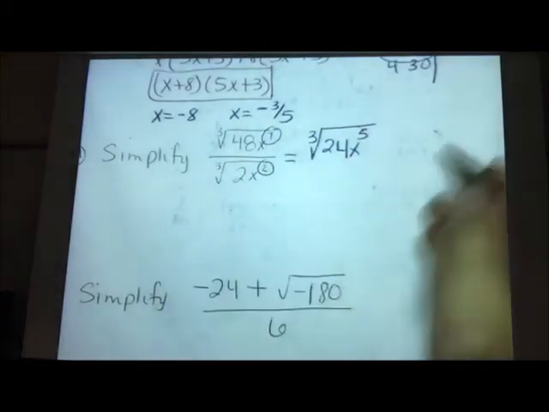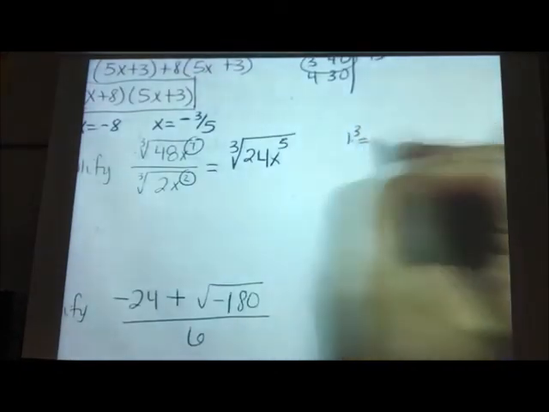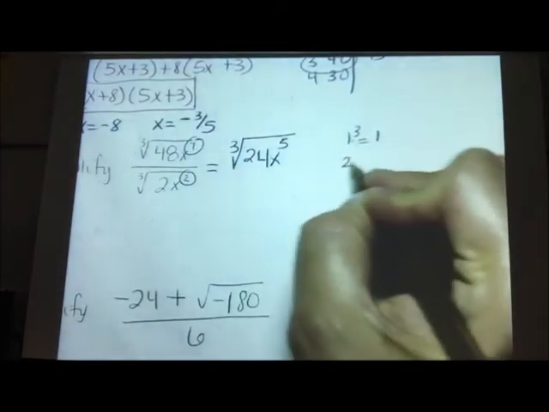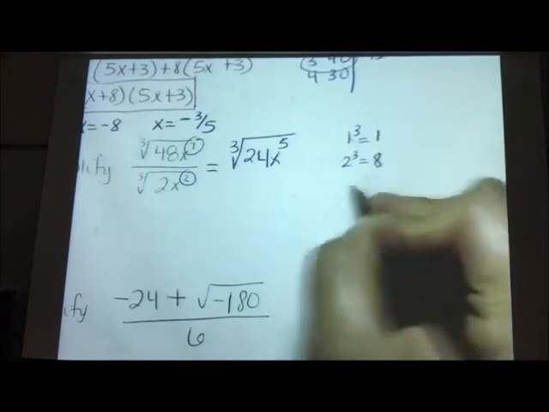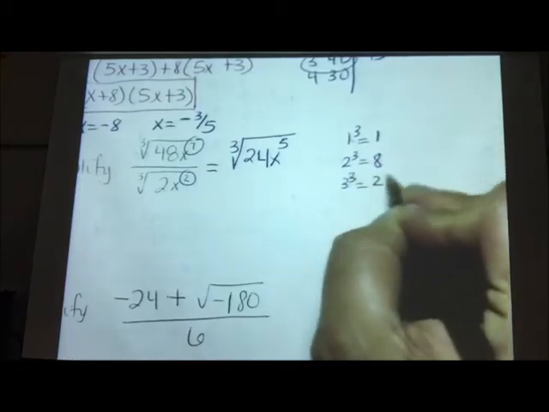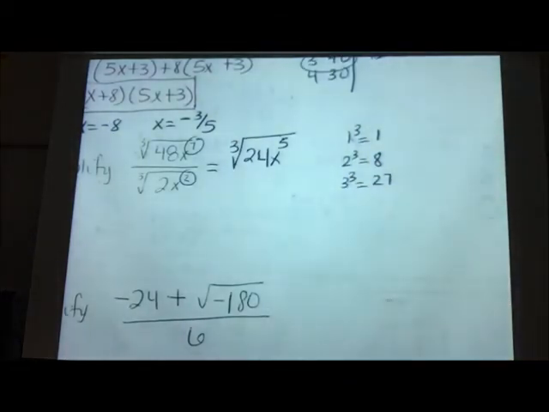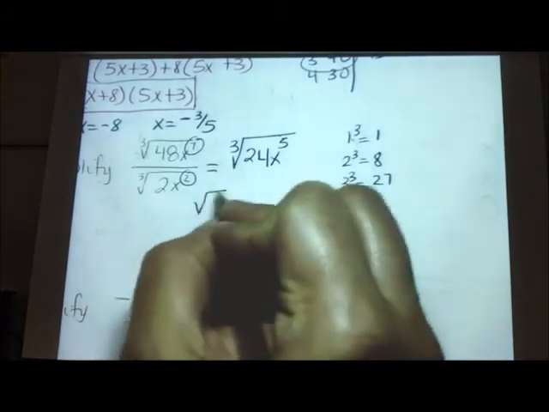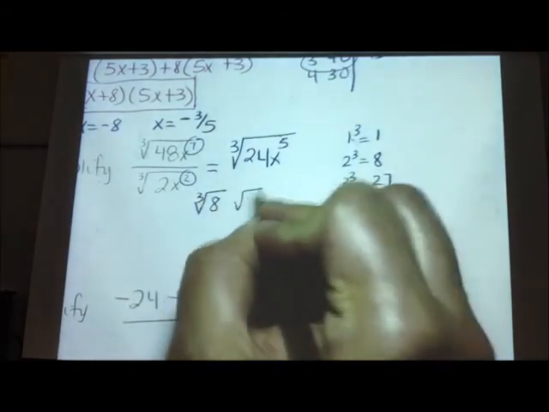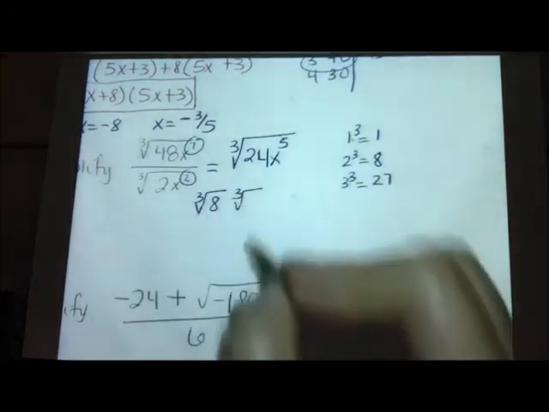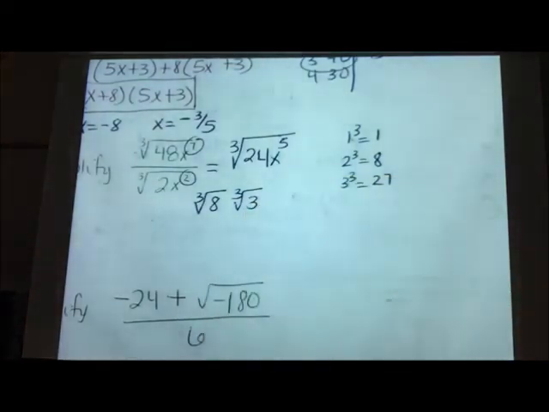So please remember we have 1 cubed is 1, 2 cubed is 8, 3 cubed is 27. So obviously I can't use the 27, I might be able to use the 1 or the 8. So when I think of 24, I should be thinking of 8 times 3. So 8 times 3 gives me the 24, so that's good.